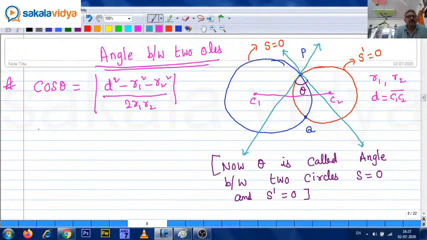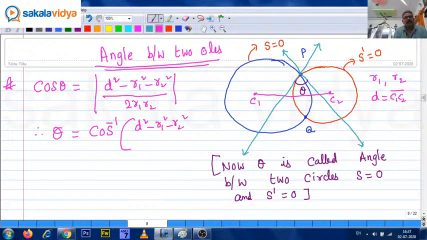So otherwise you can say theta is equal to cos inverse of modulus of D square minus R1 square minus R2 square upon 2 R1 R2. This is the modulus of this one. So this is the formula to find out the angle between the circles.